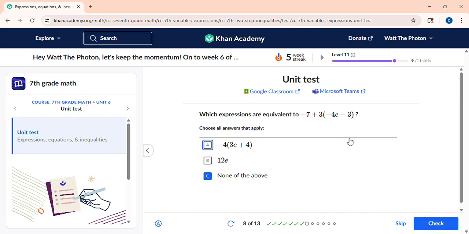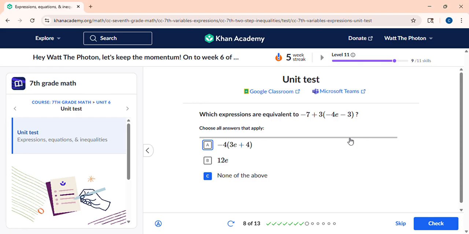Apparently I'm not convinced. Let's double check our math though. So we have -7 plus -12e minus 9. That's -12e minus 16. And then we can multiply -4 out of this.